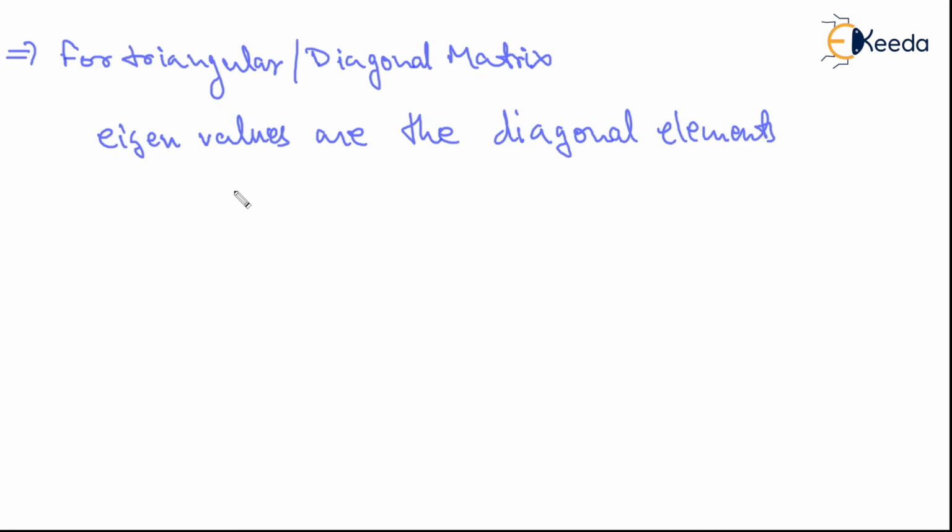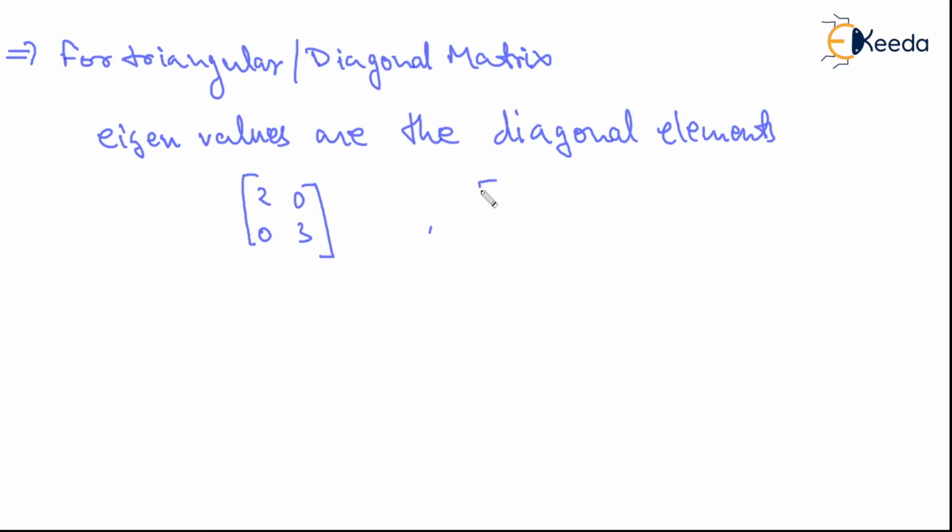Let's say we have 2 0 0 3 for a diagonal matrix, then the sum gives you the trace, which is the sum of the eigenvalues, and the product of these two gives you the determinant, which is the product of the eigenvalues. So 2 plus 3 gives the trace, and 2 into 3 gives the determinant. So ultimately you'll get 2 and 3 to be the eigenvalues.